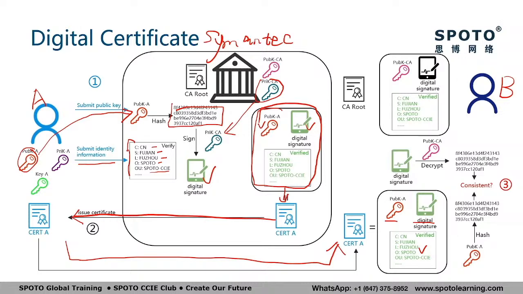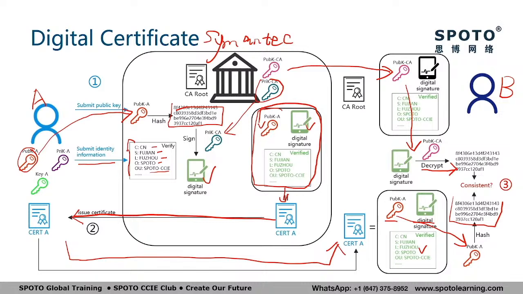User B extracts the public key from the digital certificate and computes the hash value. In the meanwhile, the user retrieves the public key from the CA, Symantec. It uses this public key to validate the digital signature in the user's digital certificate, decrypting it with the public key.